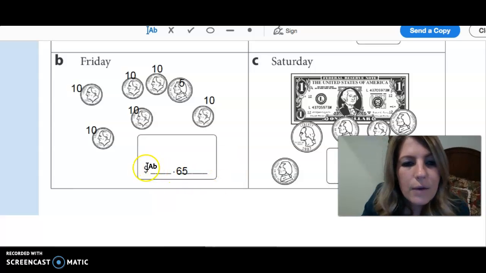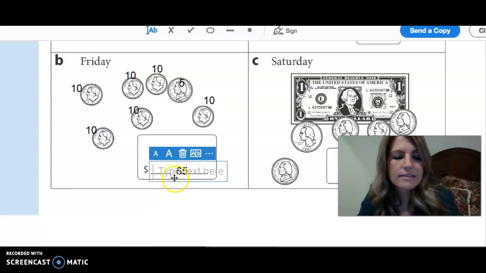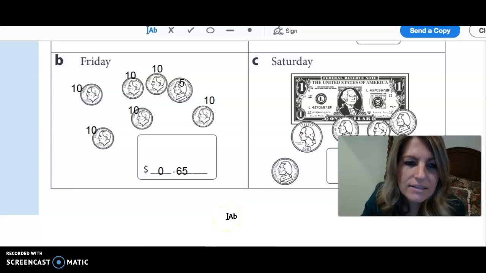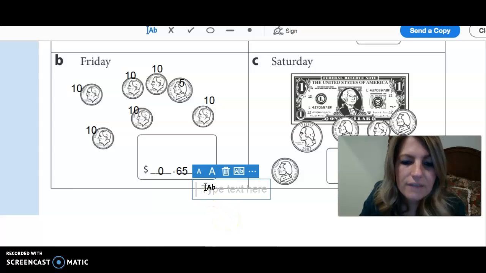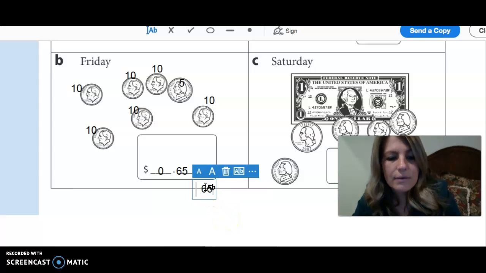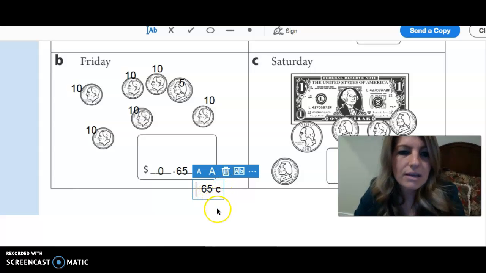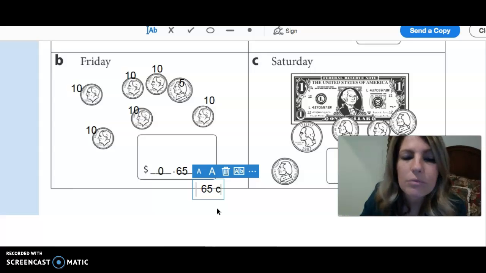65. Now when I'm writing it with the dollar sign, if I just have cents, I need to put a 0, decimal point, and then the 65 goes at the end, okay? If I write it just with the cent sign, I would just write 65¢ with a little line going down the C, but I don't have that on my computer.